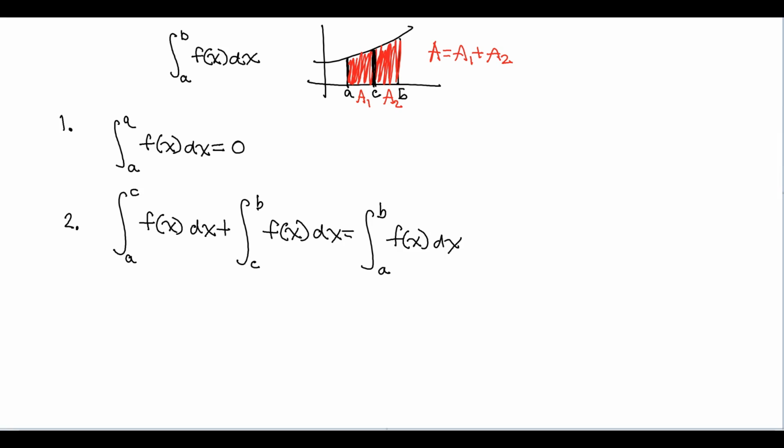Now, the third property, you can't really derive visually, but you can prove it, is that the definite integral from b to a of f of x dx, so if you were to switch the limits of integration, you can do that, but you would have to take the negative of the integral.